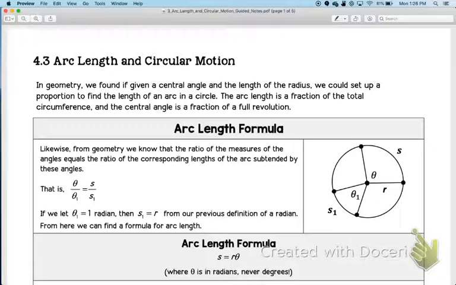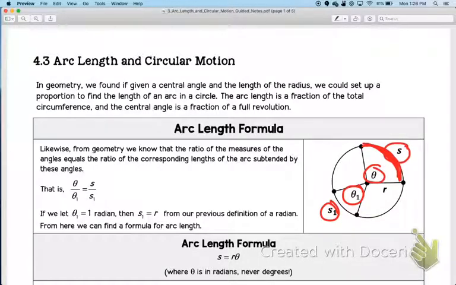So we have theta, our central angle, is proportional to theta sub 1. And those ratios would be equal to the ratio of S, the arc length given theta as a central angle, to S sub 1, the arc length given the central angle of theta sub 1.